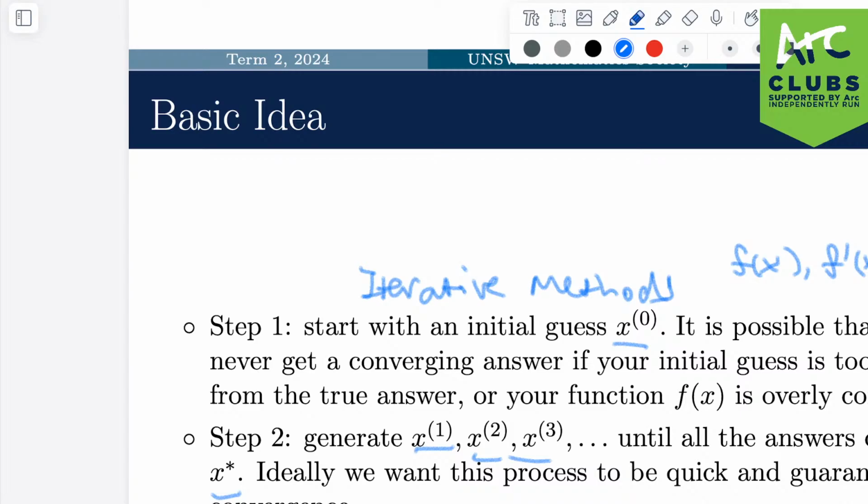Ideally we want this process to be quick and guaranteed to converge. We all know how annoying it is if we need to run this loop for like 20 times, like in the midterm exam and lab exercise.